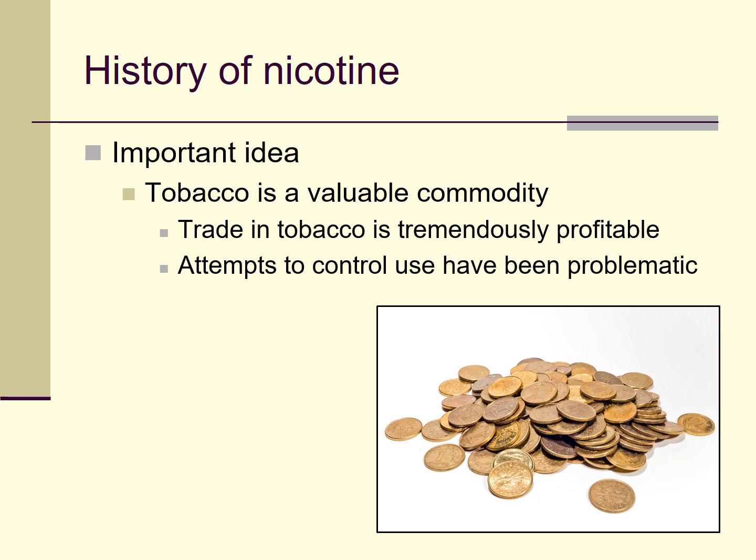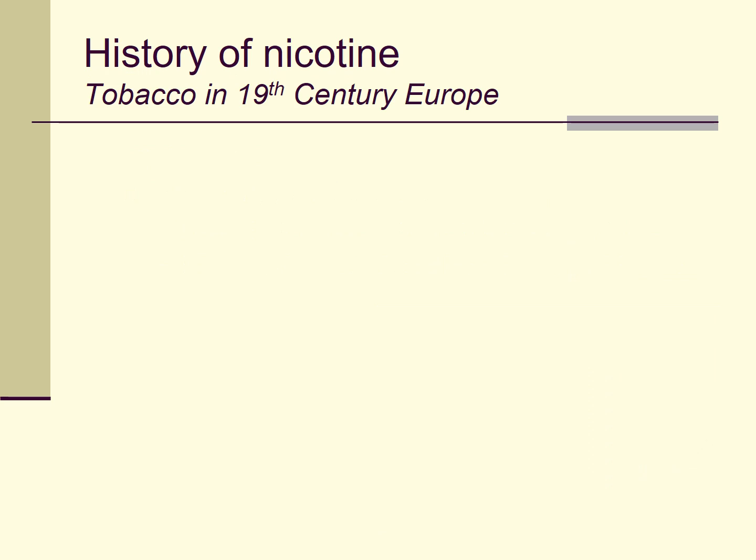However, attempts to control that trade, at least attempts that are too tight, to the point of prohibition or steep taxation, have been problematic in all sorts of different ways throughout history. That's an idea that I think you see again and again when you look at the history of different drugs. Controlling drug supplies can make you a lot of money. Controlling drug supplies can also be problematic or difficult to do.